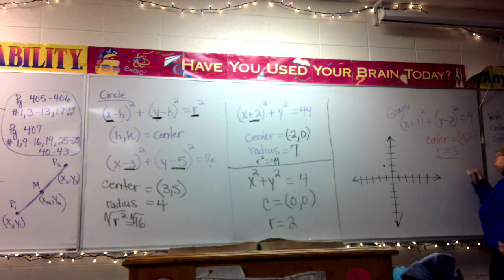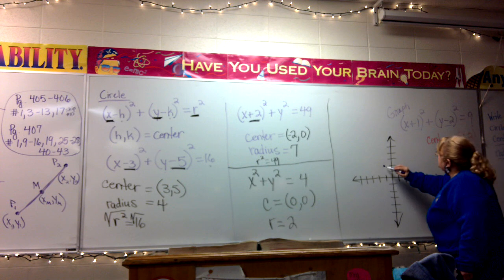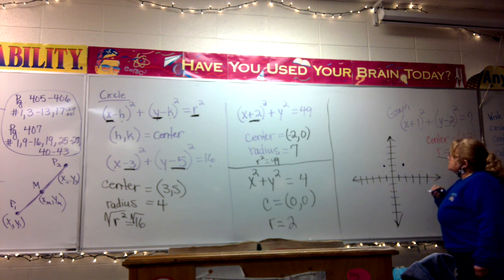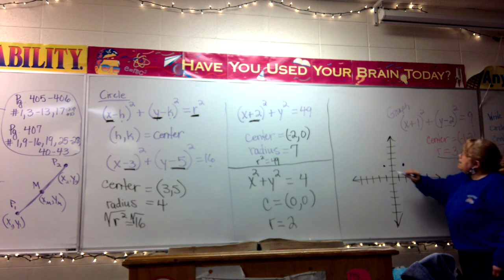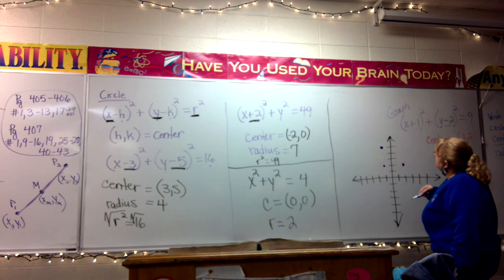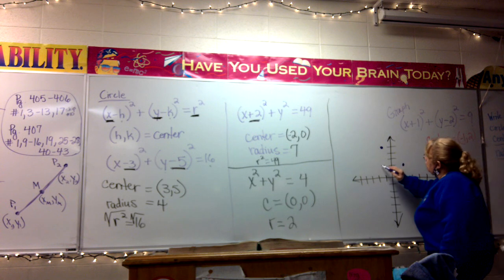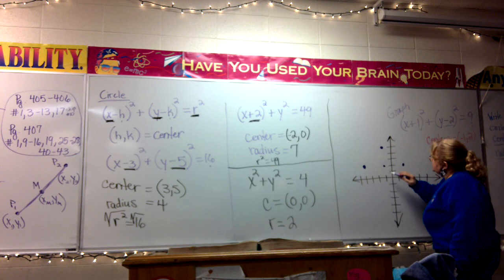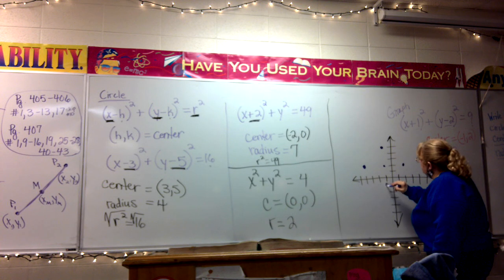From there, I would use the radius 3, because remember, the radius is from the center to the outside of the circle, right? So if this is my center, I would go 1, 2, 3 units over, and I know it has to go through that point. 1, 2, 3 units up. 1, 2, 3 units over. 1, 2, 3 units.